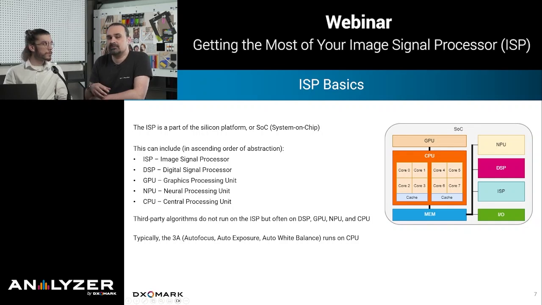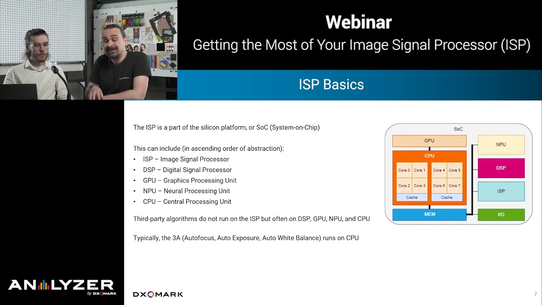For instance, there could be a digital signal processor, which is also related to signals, but is more generic. It could also process audio at the same time. Or you could have a part of your pipeline that relies on the graphical processor, the GPU, the very same that you use for rendering on display.